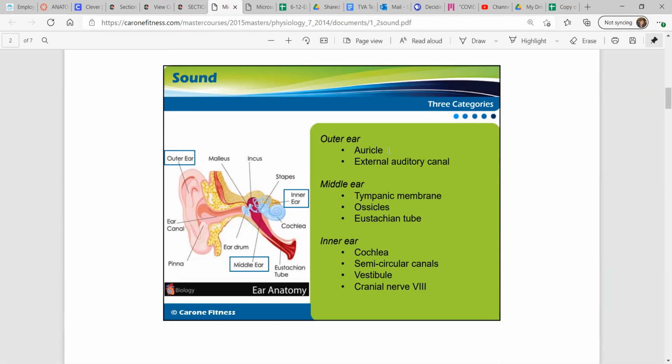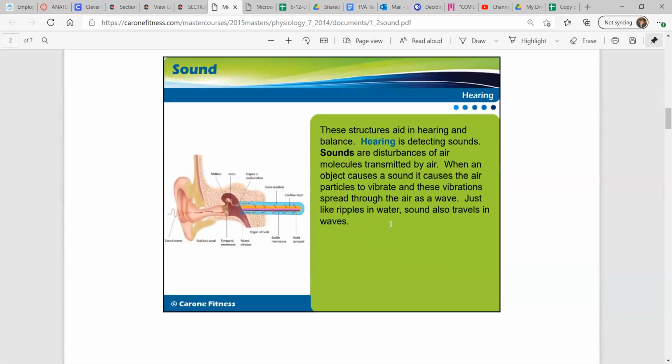The middle ear: ossicles, Eustachian tube. The inner ear: the cochlea, the semicircular canals, the vestibule, and cranial nerve 8. These structures aid in hearing and balance.